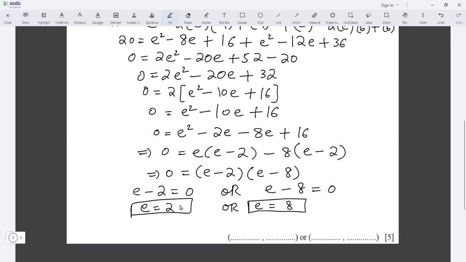If we put 2 here, the next coordinate must be the same thing, that will also be e. So if the first one is 2, the second one must be 2 as well, because it is e and e. The same thing happens for the second point. If the x coordinate is e, which is 8, the second coordinate, that is y, must be 8 as well.